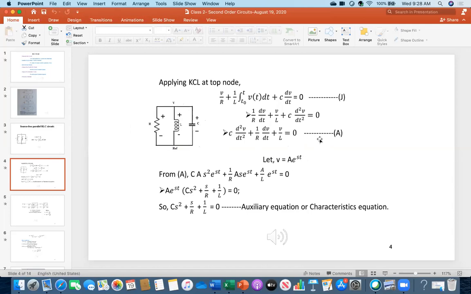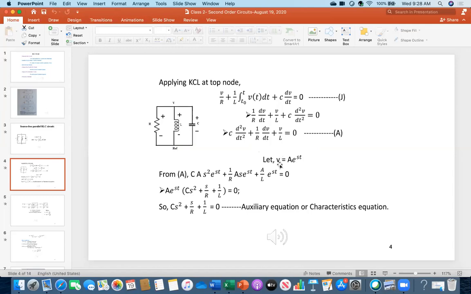So now everybody see, this is our equation A, and we are assuming the solution V is A multiplied by e to the power st. From math class, you know how the solution of this type of differential equation looks.